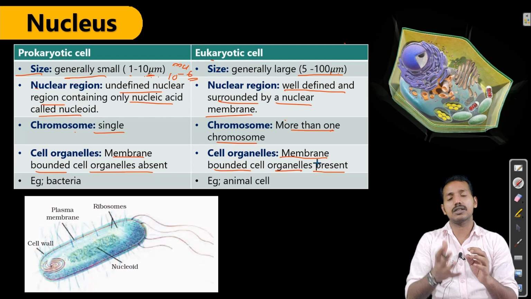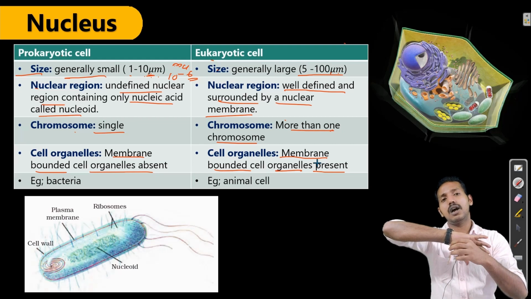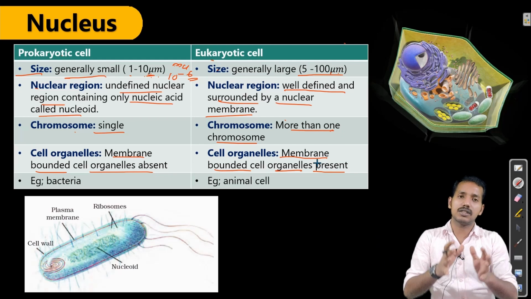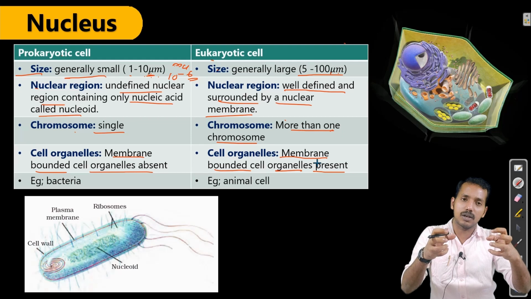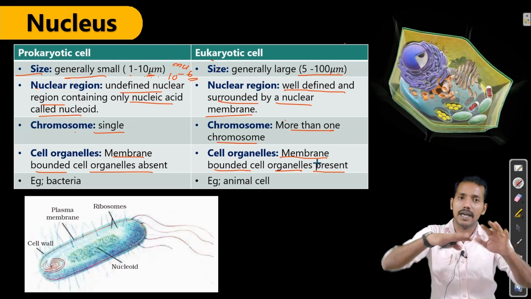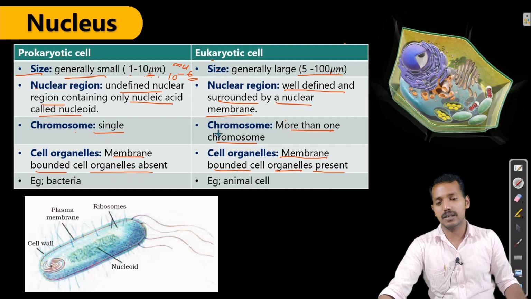Mitochondria is a cell organelle present in the eukaryotic cell that is covered by a membrane. Similarly, all the other types of cell organelles are separated from the remaining part of the cell by a membrane.